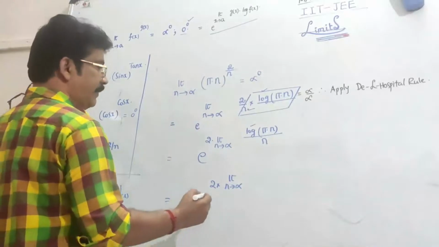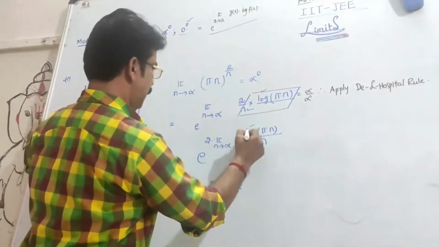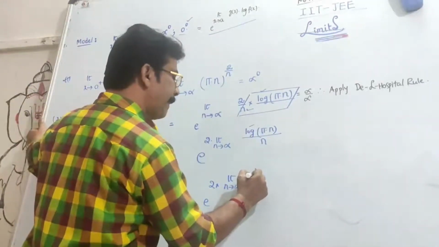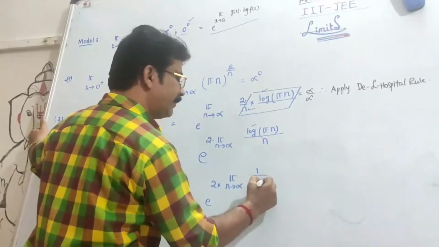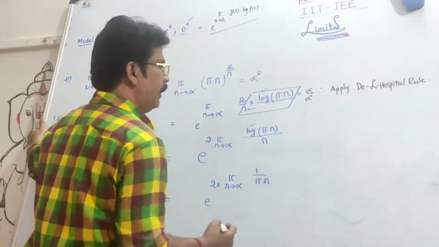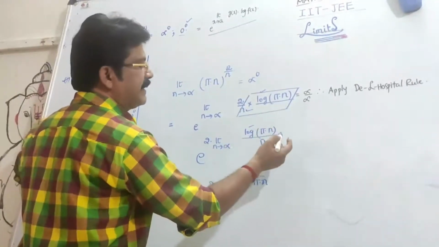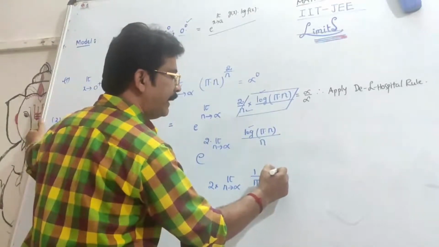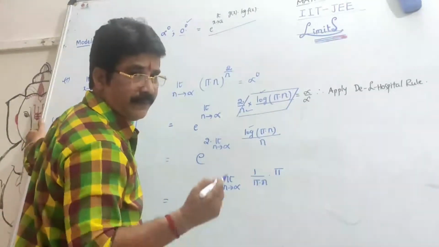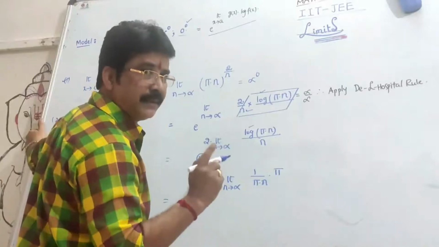So 1 by f of x into d by dx of pi n, so it is pi, because the differentiation is with respect to n.